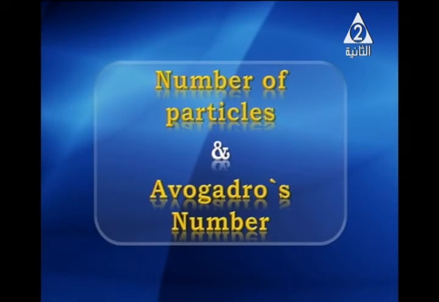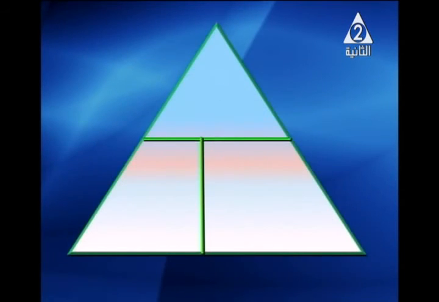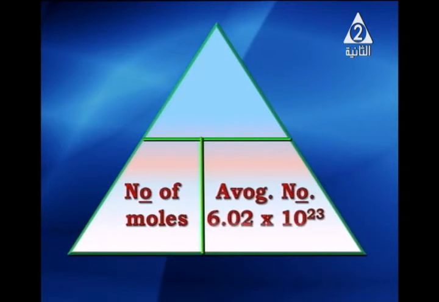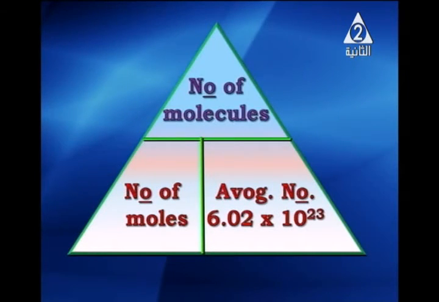Here, the relation between the number of particles and Avogadro's number. As the triangle shows here, if we know the number of moles and multiply it by Avogadro's number, 6.02 times 10 to the power 23, we can get the number of molecules.